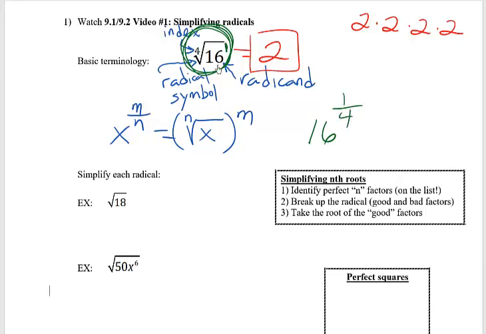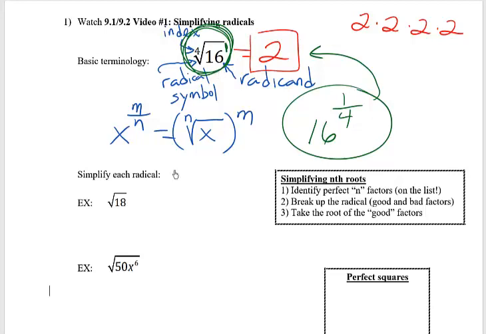The fourth root of 16, another way to write that is 16 to the 1/4, which of course is also 2. In this chapter, we're going to focus not so much on the fractional exponents, but on the radicals themselves. And we're going to figure out what are different things you can and cannot do with radicals. In this video, we'll deal with simplifying radicals.